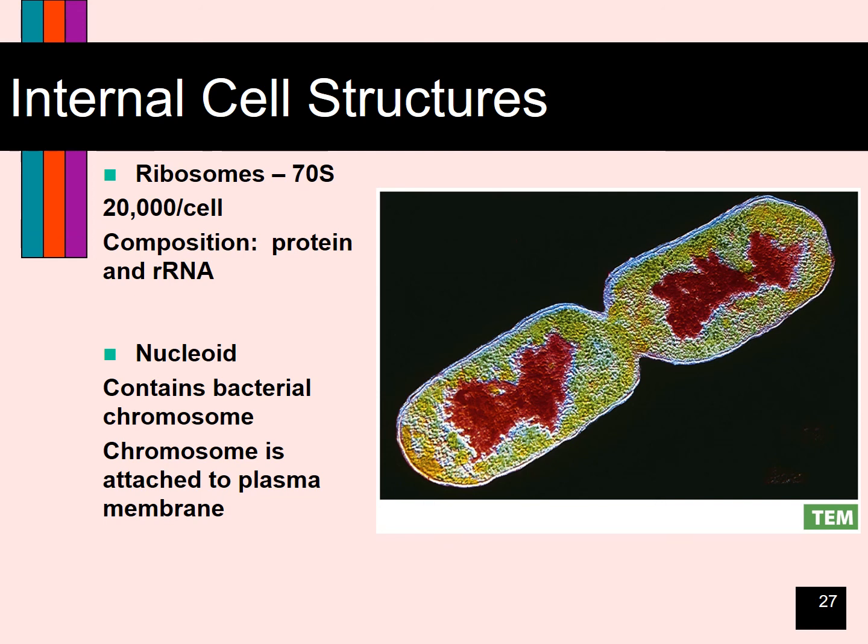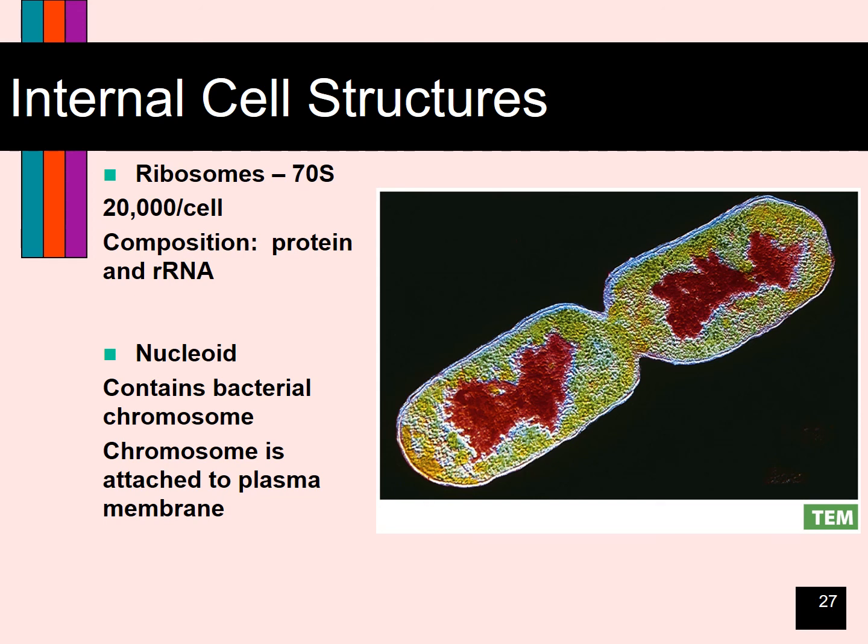The nucleoid is where the bacterial chromosome is contained. The bacterial chromosome is not just floating around within the cell, pinging off the walls. It is actually in a specific location within the cell, but it's not membrane enclosed, so it's not an organelle like it would be for a eukaryote.